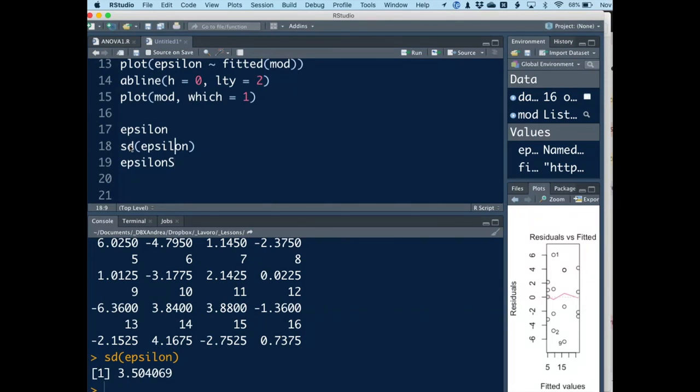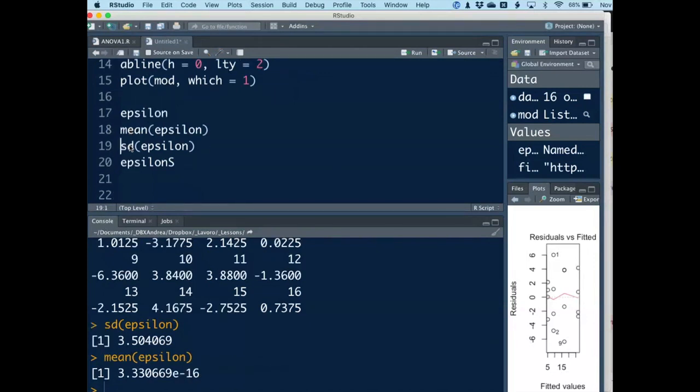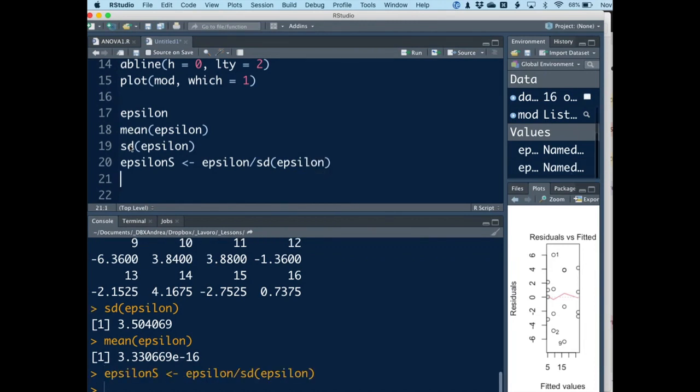In this case, the mean of residuals we know it is 0. So we do not have to subtract 0 because it means nothing. We simply divide by the standard deviation. So epsilon s is equal to epsilon divided by the standard deviation of epsilon. So we obtain the standardized residuals.